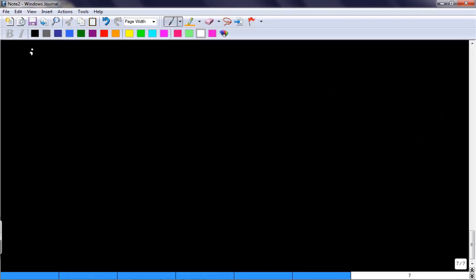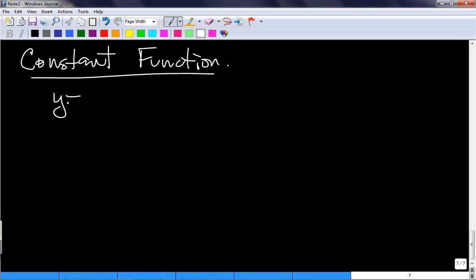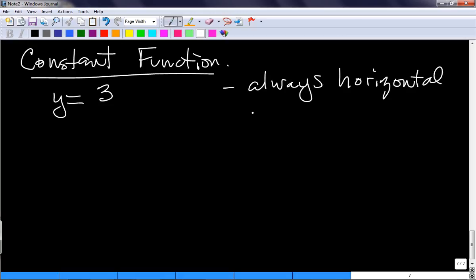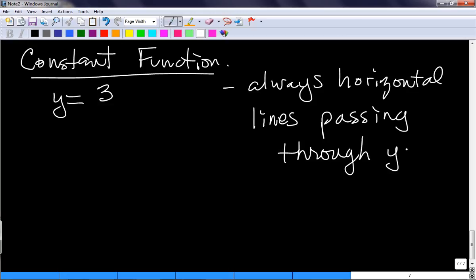Just to make it official, there's one other function, that's the constant function. That function is where you have no variables. It's y equals, and all of these are y equals, but there's no variable terms on this side. It's just like a constant value here. So that's why it's called a constant function. And they are always horizontal lines, passing through y equals whatever this value is.